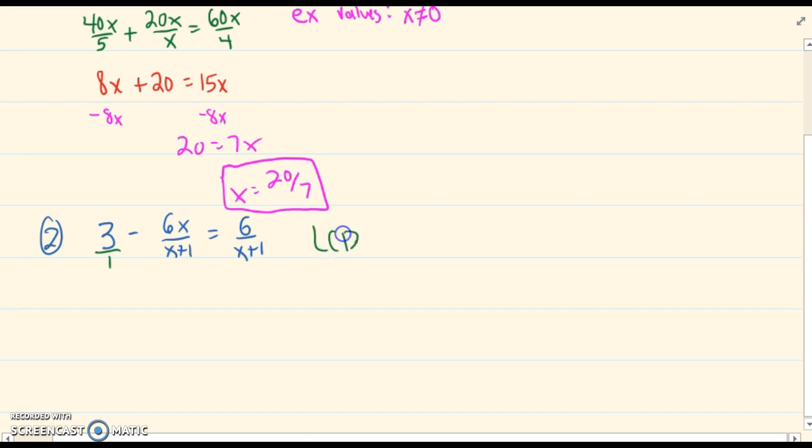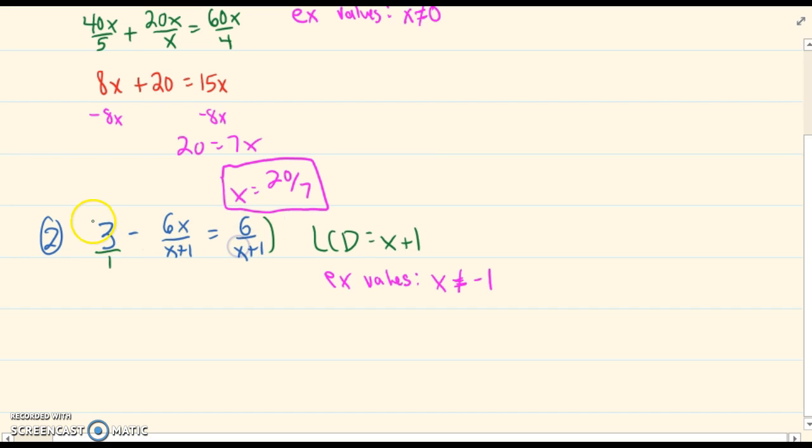My LCD would be 1 times x plus 1, my least common denominator. While I'm at it, let's do the excluded value. Because that denominator is x plus 1, my excluded value would be that x cannot equal negative 1. Once I get my answer, I'm going to double check that it doesn't equal negative 1.